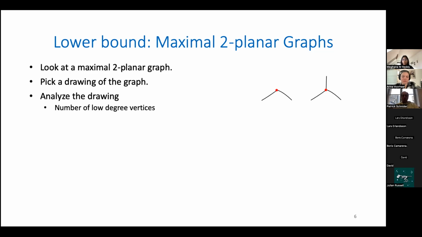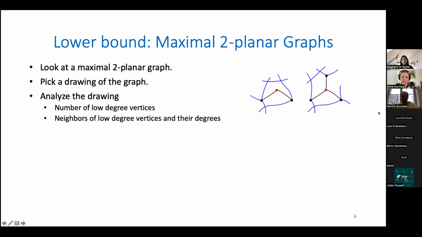I mean vertices of degree 2 or degree 3. And then we also look at the neighbors of these low degree vertices and possibly even their degree. So these red vertices are the low degree vertices. Then we look at the neighborhood of these low degree vertices, at these neighbors and their degrees. How does this neighborhood look? We analyze these from the drawing.